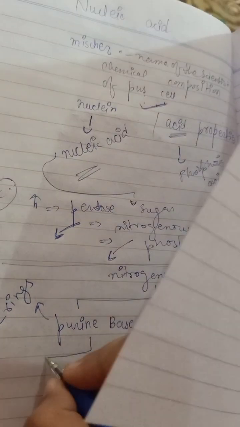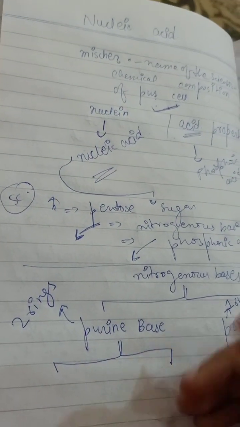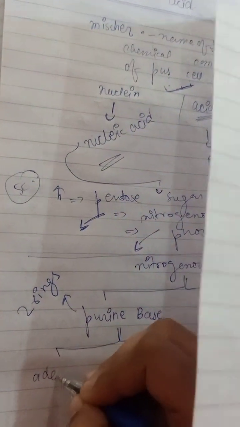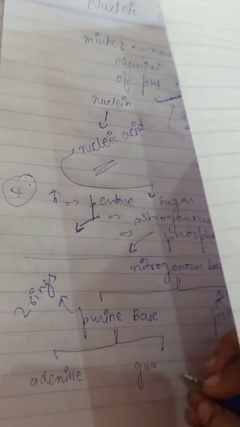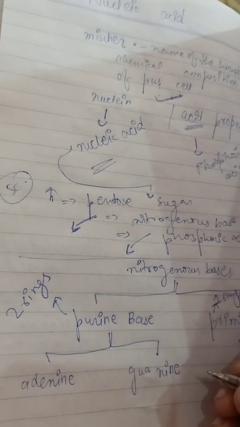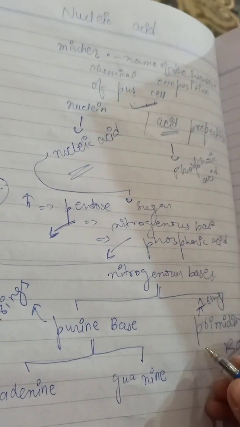Further, he studied the purine base, and he observed the nitrogenous bases in purine base, that were adenine and guanine.